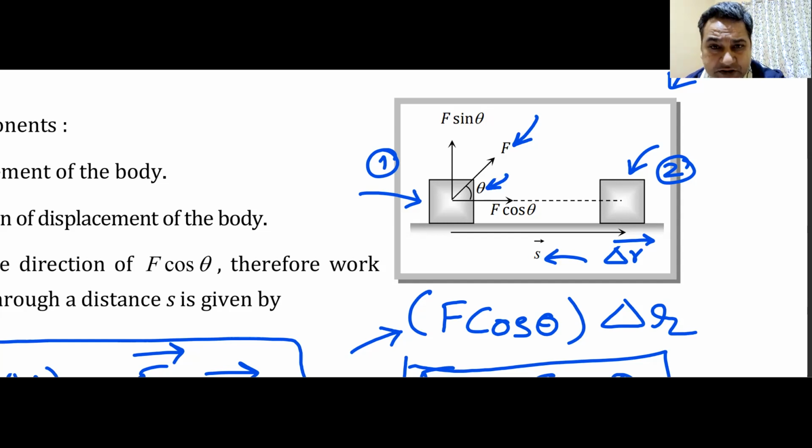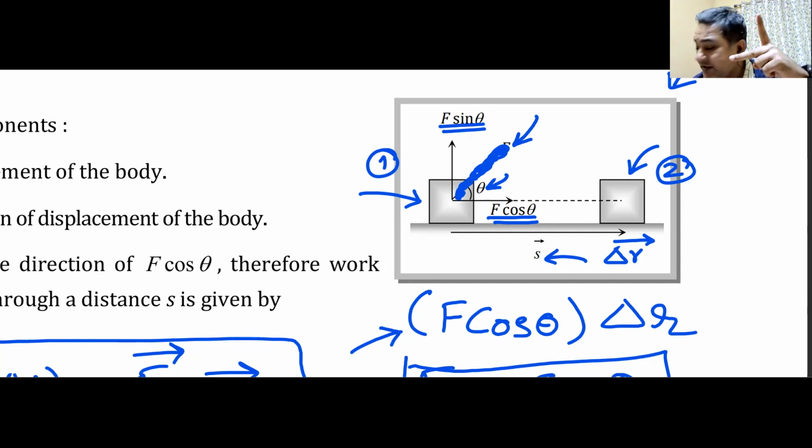Now, by vectors, we know that this force can be resolved into two components. One component will be F cos theta, and the other component will be F sin theta. Now, once you resolve a vector into two components, you actually don't need that force because that has already been resolved. Now, this force can be thought of as two different forces.